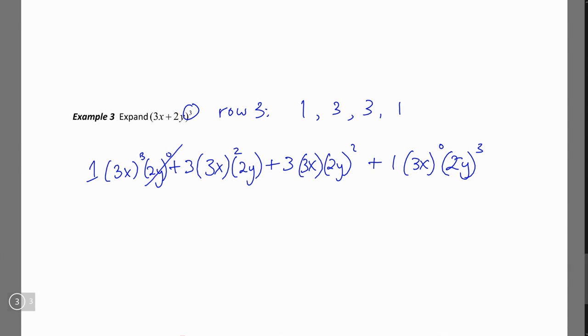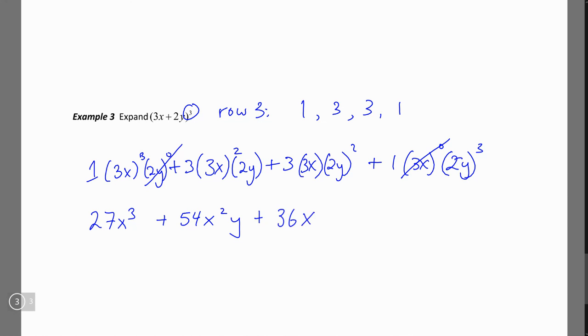Anything to the power of 0 is 1. So here I have 3x cubed. So 3 times 3 times 3 is 27x cubed when I remove the brackets. Then I have 3 times 2 is 6. 3 squared is 9, so 9 times 6 is 54, so plus 54x squared y. Then I have 3 times 3 is 9. 2 squared is 4, so 4 times 9 is 36.